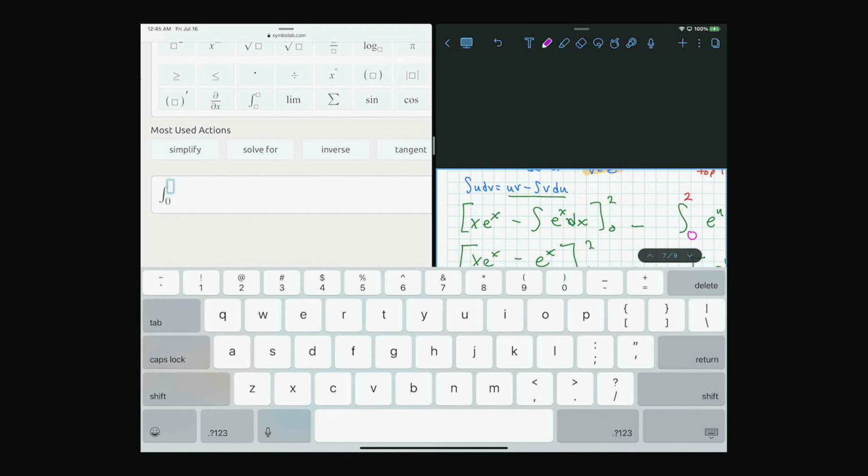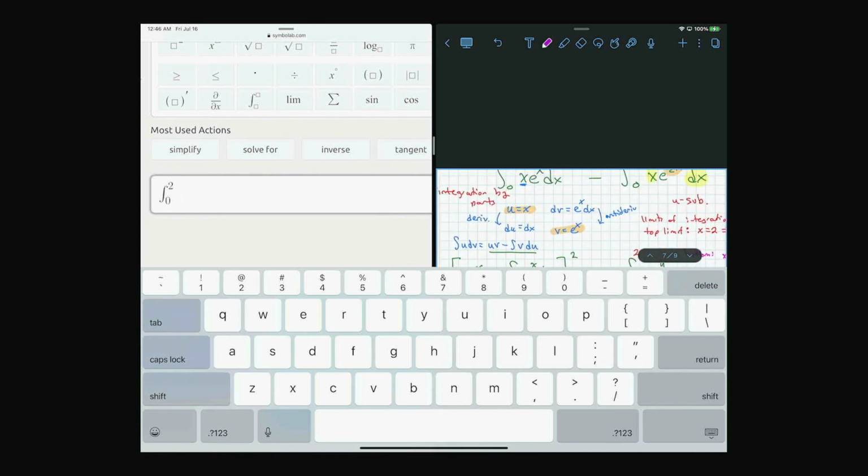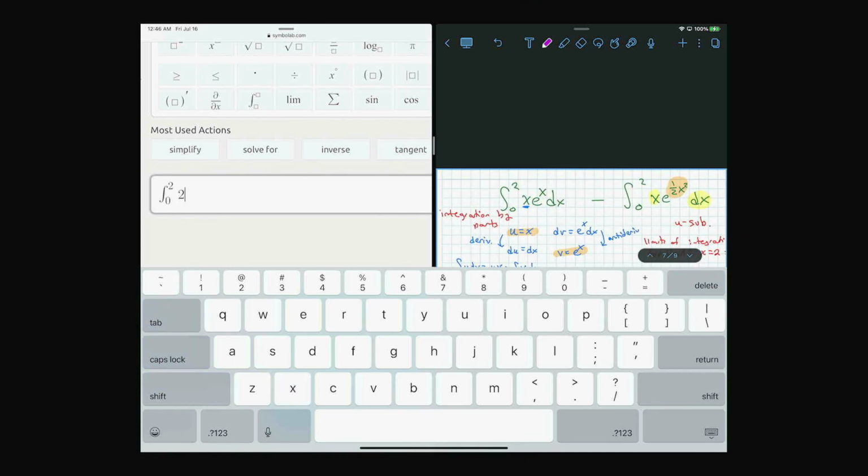0. Oh, I forgot. Symbolab is sort of broken on an iPad. So when you hit a key, nothing happens. And then when you hit the next key, you get the result of the previous key that you hit. What it means is that I'm going to type everything in wrong over and over here. X, see, I just hit X and it said 2 because the last key was a 2.